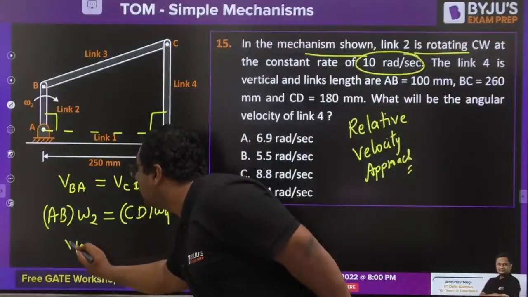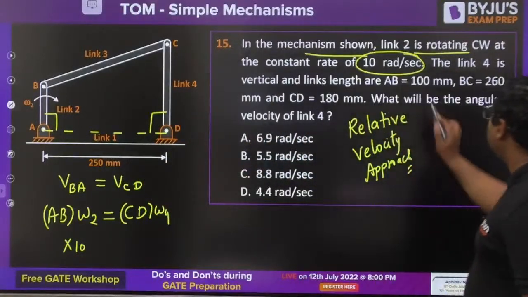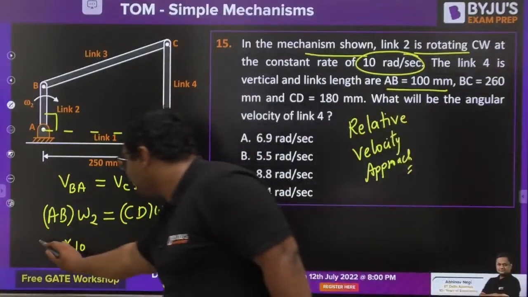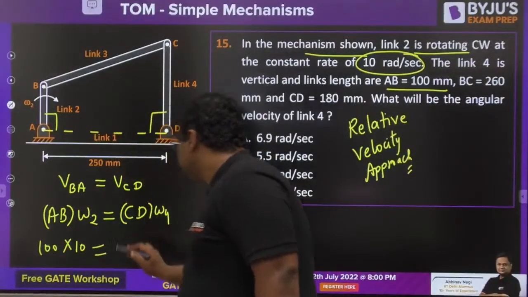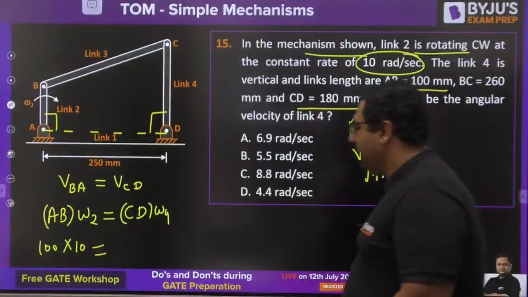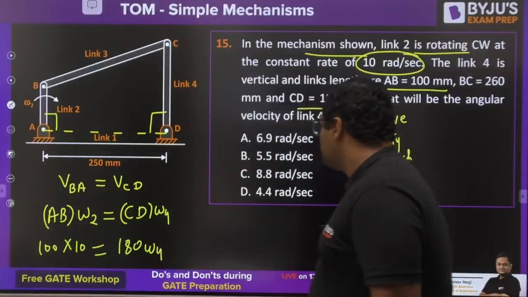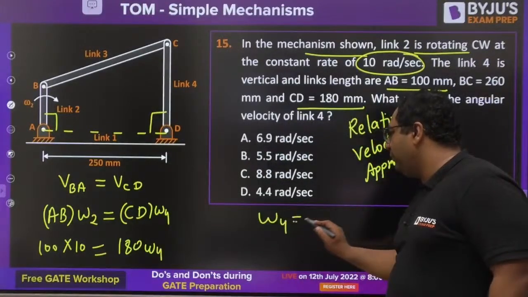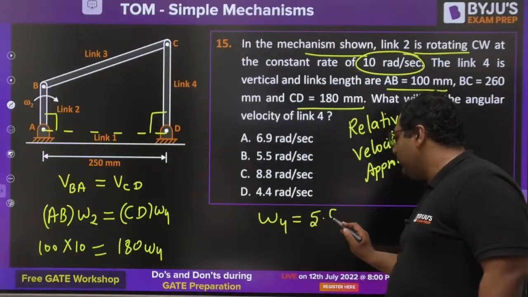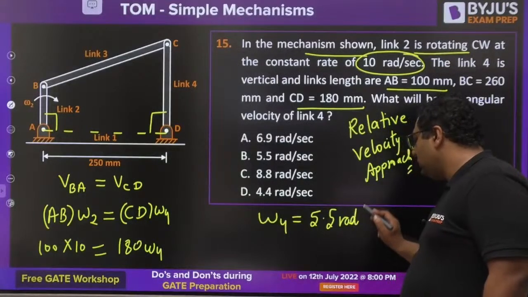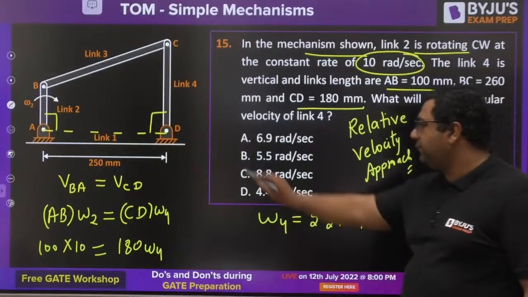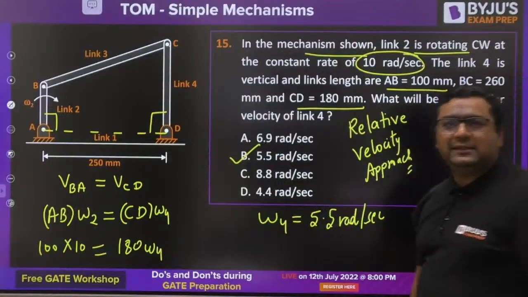Omega 2 is 10. And they are also mentioning AB to be 100. CD is also given as 180. So omega 4 will come out to be 5.5 radians per second. B is the right answer.